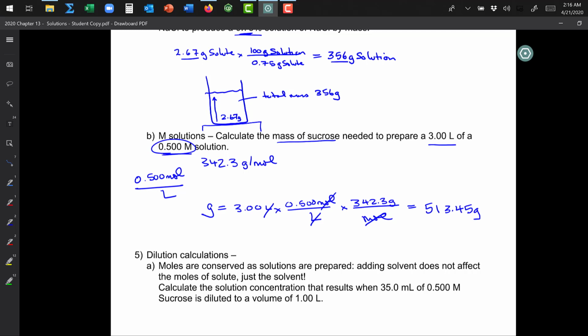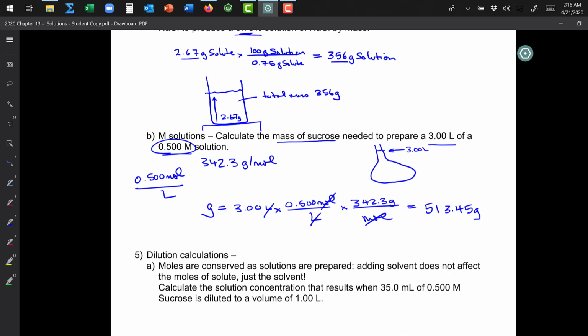There's actually a flask. It's called a volumetric flask, and it's shaped like this. It kind of looks like an Erlenmeyer flask, but it has a very skinny neck, and there's one mark on here. And you can get them for different sizes, but 3.00 liters is one of the sizes that you can get.